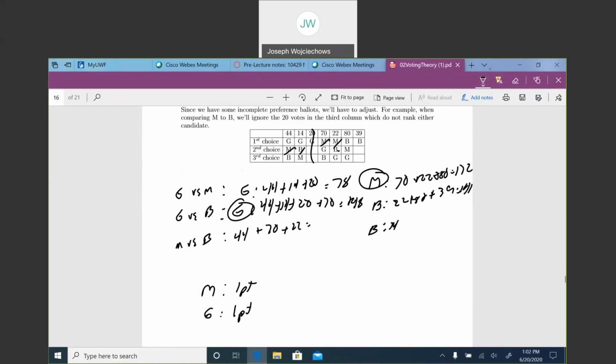And this is 136. B is preferred here, 80. B is preferred here, 39. And this is 133. So in this case, M is the winner.